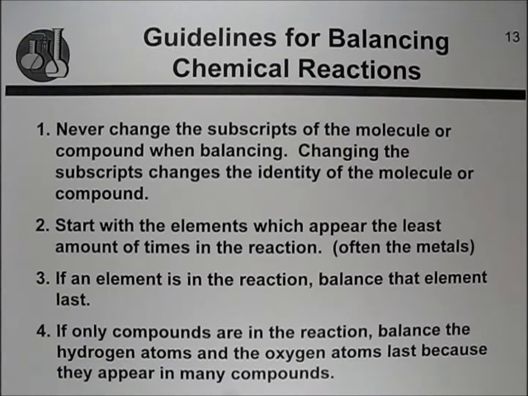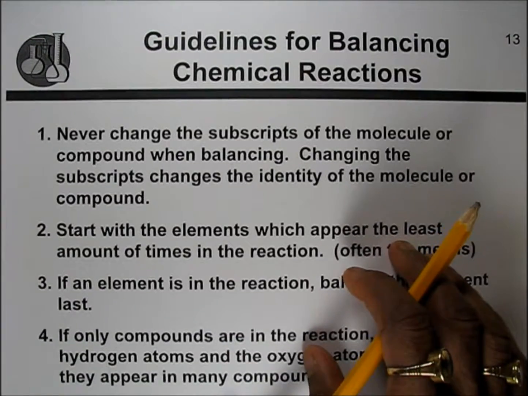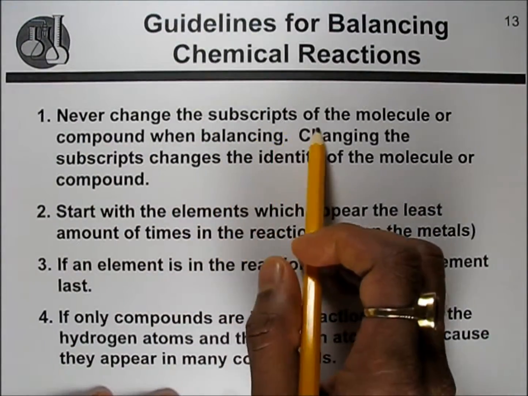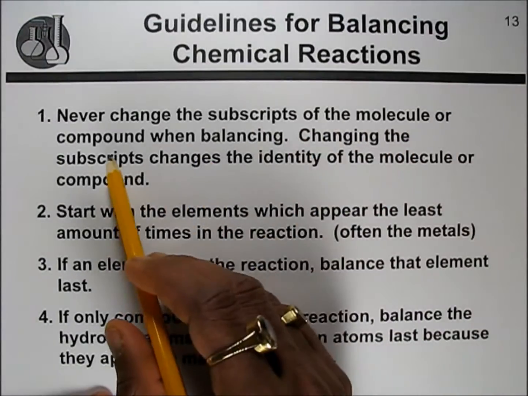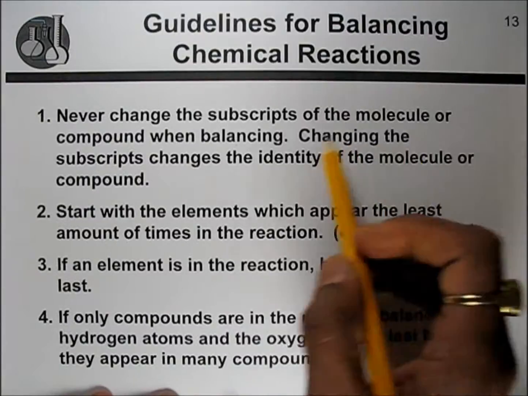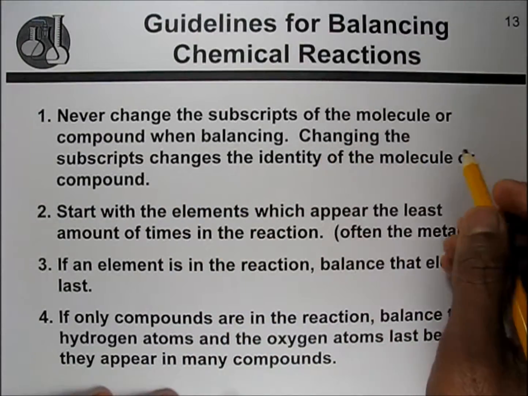So in case of balancing chemical equation, there are some guidelines which we have to go through. First thing is, never change the subscript of a molecule or compound when balancing, because changing the subscript will change the identity of the molecule or compound.